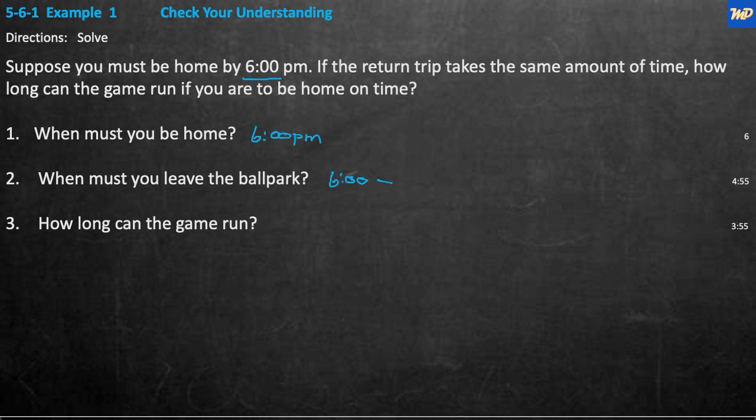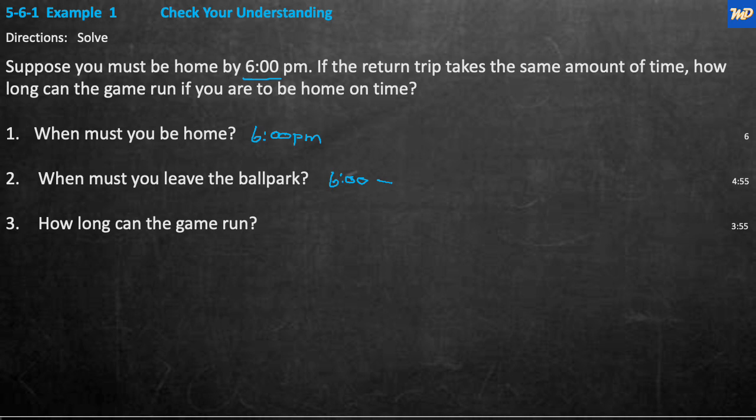Right? Well, if I have to be home at 6 and it's going to take me 65 minutes to get home, then I better subtract 65 minutes from 6 o'clock. And that's when I better be leaving the ballpark. That's kind of how this is going to work. And I know it's 65 minutes. How do I know it's 65 minutes? Because the time it took to get there was 95 minutes.